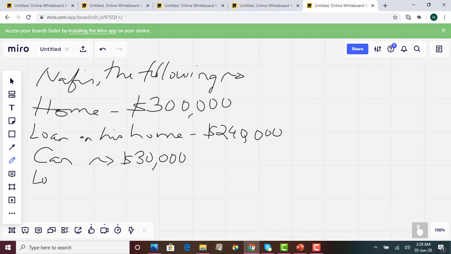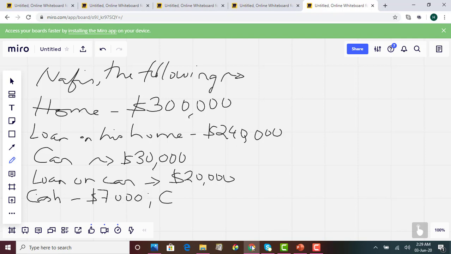There is a loan on his car as well, and the balance on the car loan is 20,000. Okay, now he has some cash with him, some cash money of $7,000, and then he has some credit card bills, and that's equivalent to $2,000.